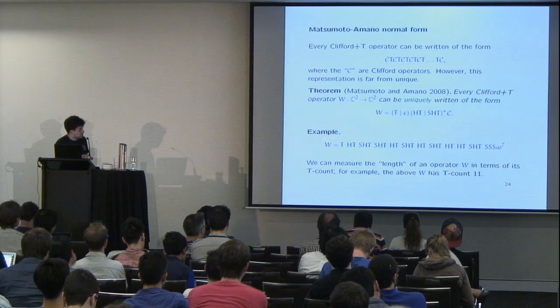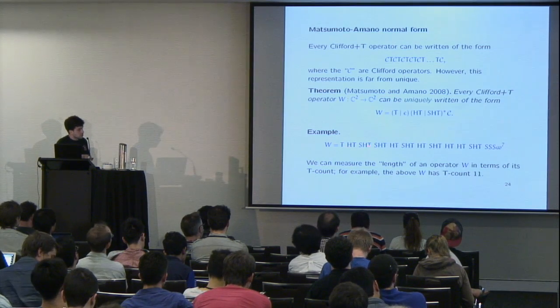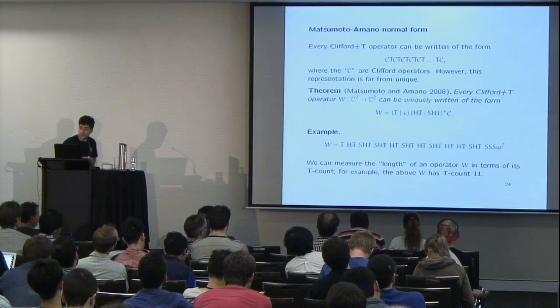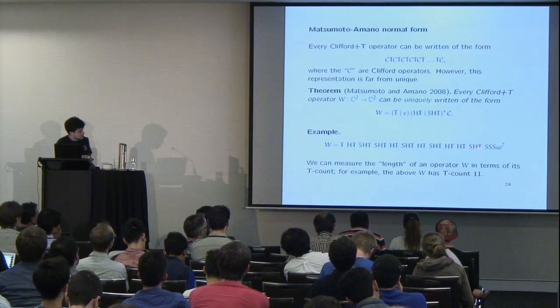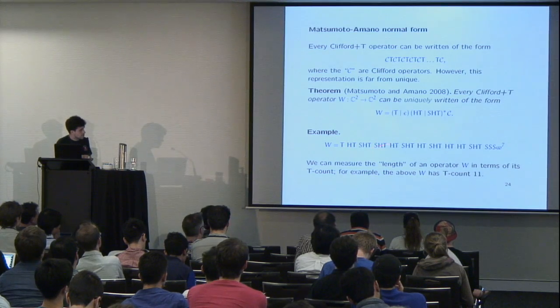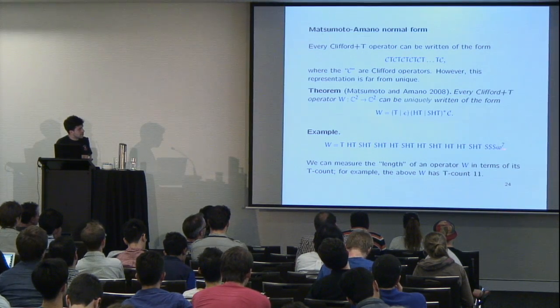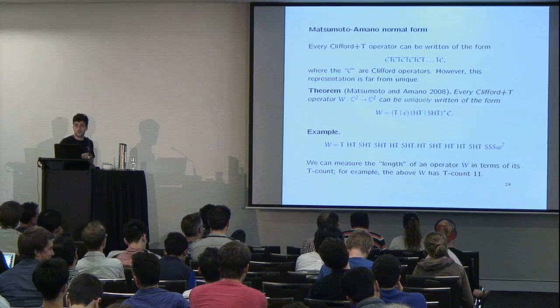So for example, here's an example of an operator given in its Matsumoto-Amano normal form. So it starts with a T, and then there's about 10 syllables, okay, HT, a couple SHTs, and so on, and then it ends with the Clifford operator, S cubed omega to the 7th.